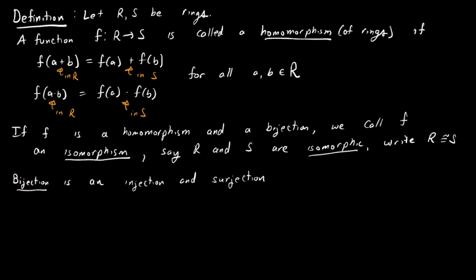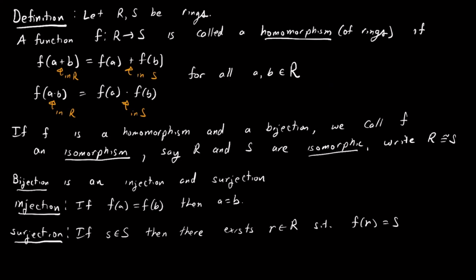Okay, and so just a quick review of what a bijection is. A bijection is a function which is both an injection and a surjection. And what is an injection? Well, just a reminder, an injection is a function that has the property that if f of a is equal to f of b, then a is equal to b. So these are injections. They're also called one-to-one functions. And a surjection is also called an onto function.